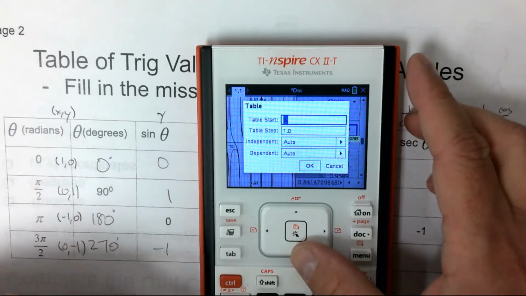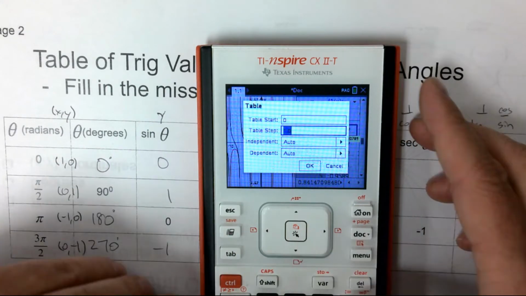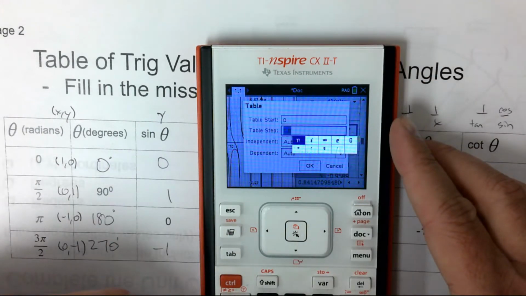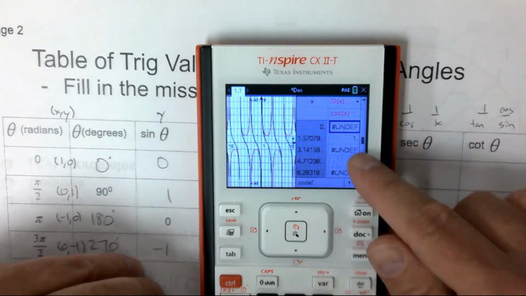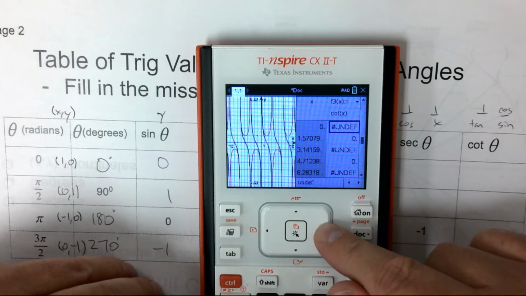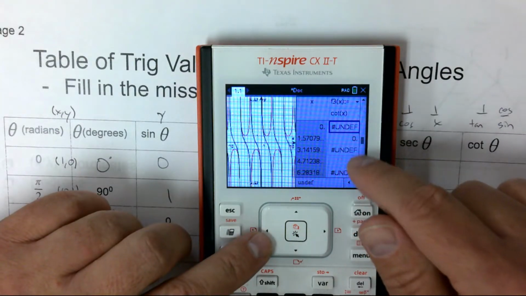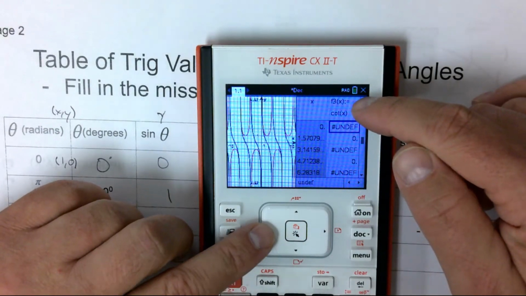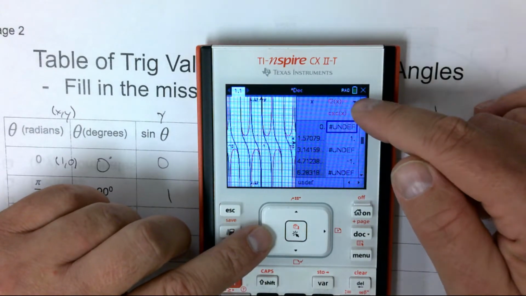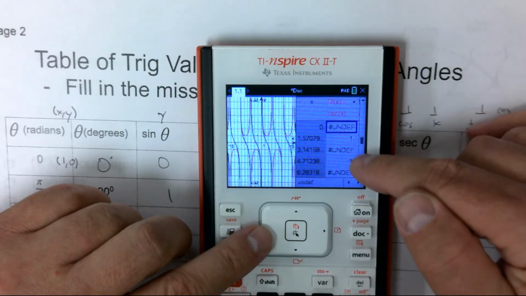So make this 0 by pi halves. So now these are undefined, and so are these. At the 0, the pi, the 2 pi. So I'm under the F3 column, but if I go to the F2 column, it says the same thing. 0, pi, 2 pi.